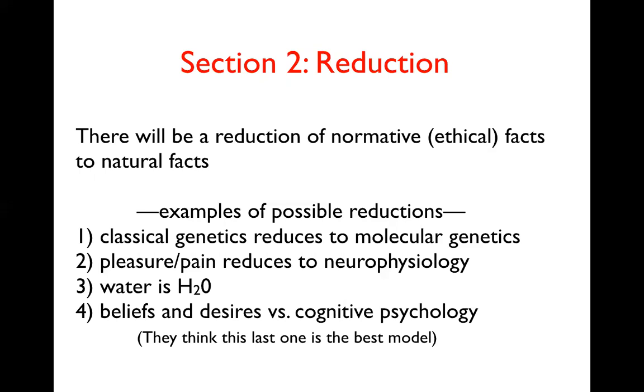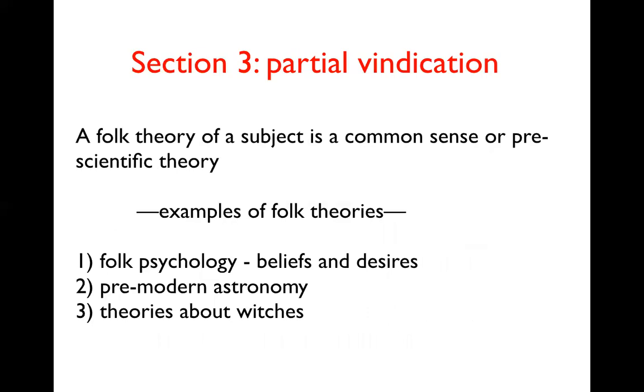No, beliefs and desires are still very useful. We're not going to get rid of them and replace them with neuroscience. On the other hand, we might plausibly in the future replace facts about liquid with just chemistry. Okay, so their goal is to give an ethical reduction.